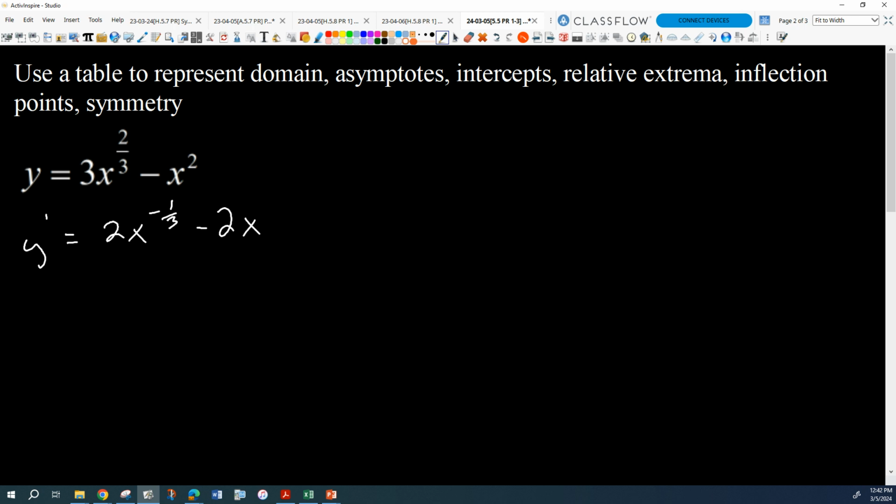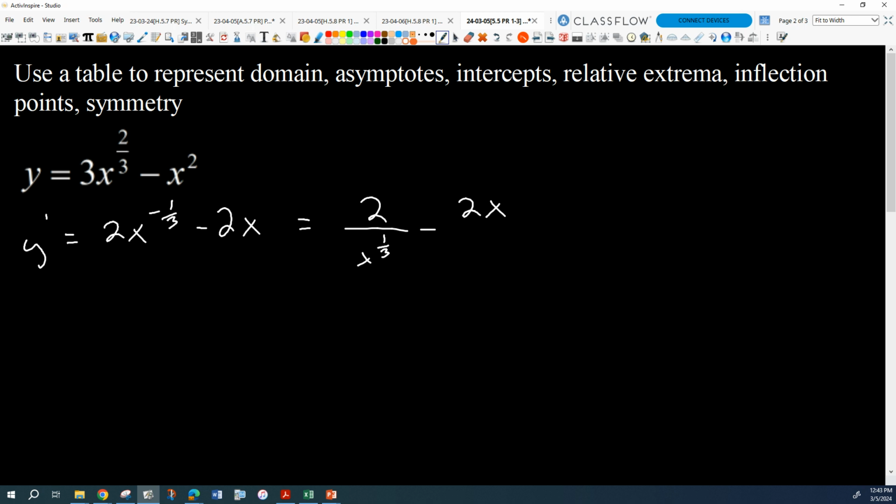What if we write this as 2 over x to the 1/3 minus 2x? So we'd like to get this to be a rational fraction, with a distinct numerator and denominator, so we can find the critical numbers more easily.